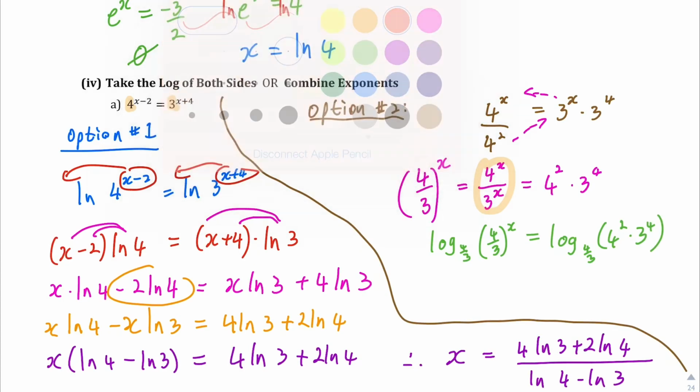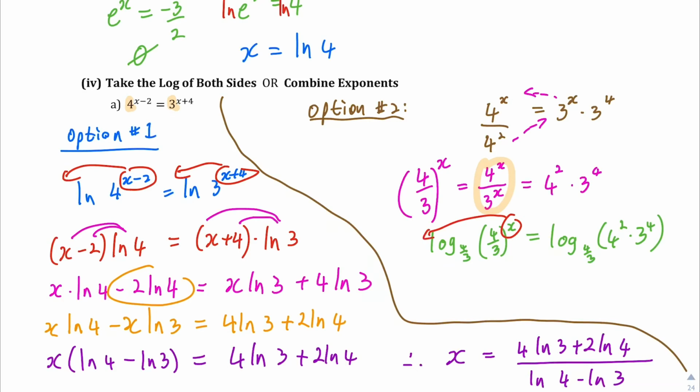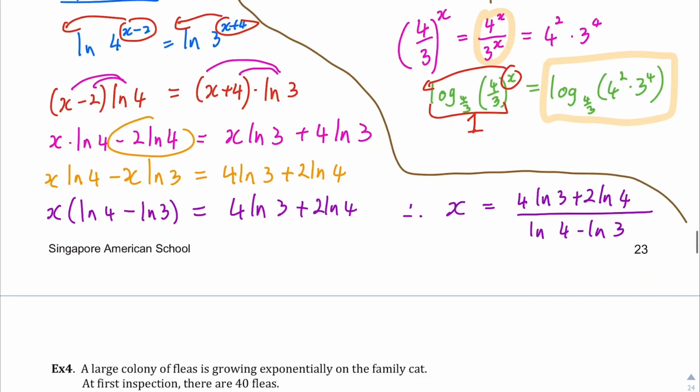And actually, we already have our solution. Once the x moves over there, and we realize that the numerical value of that is 1, we have our final answer, log base 4/3 of 4 squared times 3 to the 4th, a lot quicker than option 1. Okay, last one.